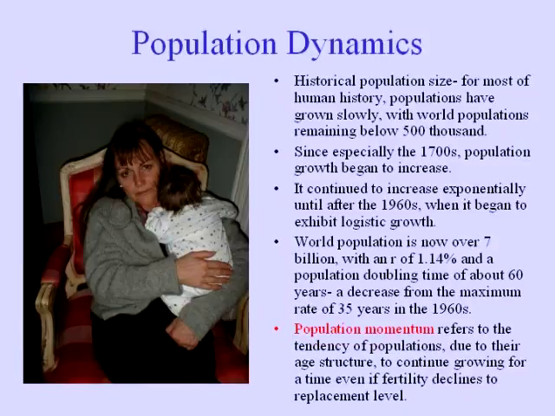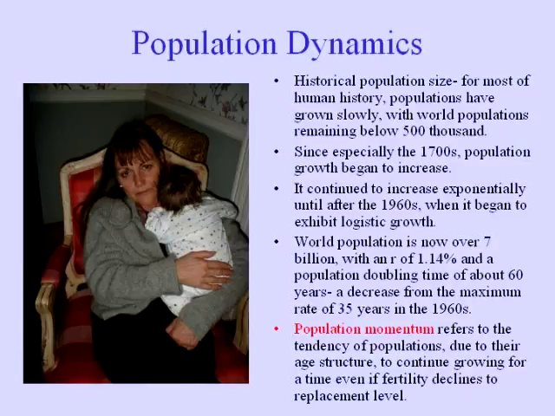At its maximum in the 1960s, the doubling time for human populations reached its minimum of 35 years. Presently, human population doubling time is about 60 years, which is still a phenomenal rate, however, when one considers that we are already at 7 billion plus humans on the planet.